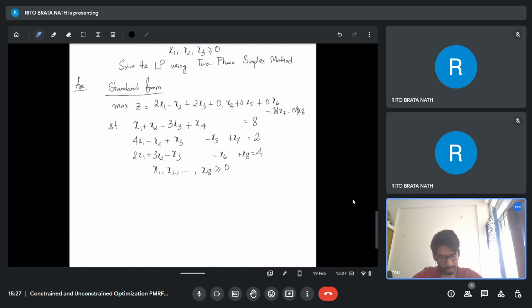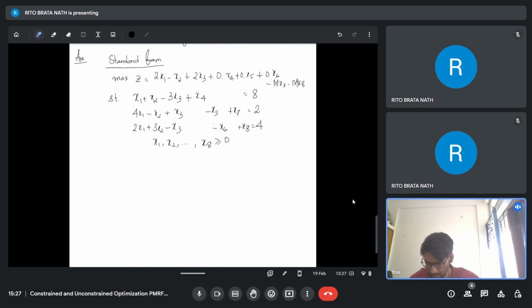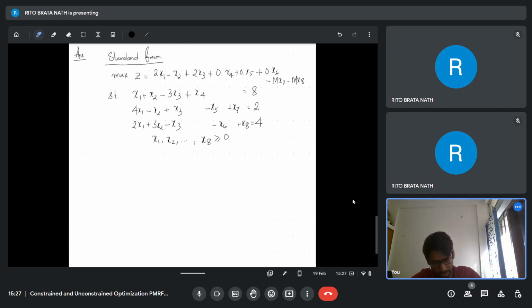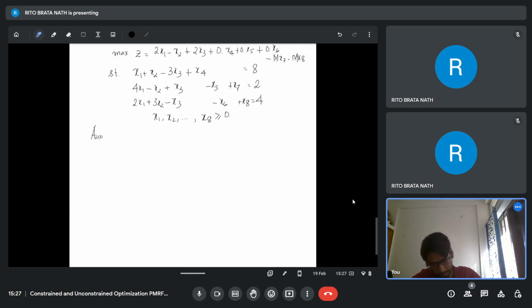So we are solving it using the two-phase method. You have to construct the auxiliary objective function. The constraints will remain the same for the first phase.